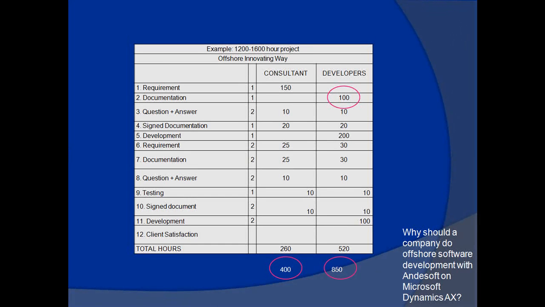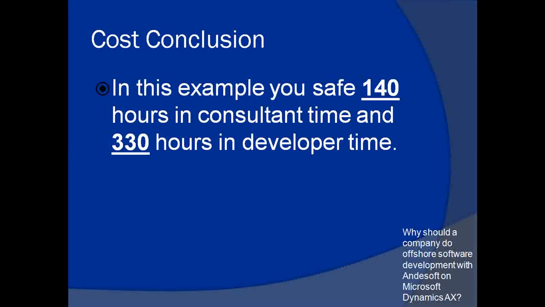After that, we do the development, but we don't have to go back and forth between the developer and the consultant, because with the documentation we have the right understanding of what your client wants. At the end, we end up with 260 hours of the consultant and 520 hours of the developers. In this example, you save 140 hours in consultant time and 330 hours in developer time.